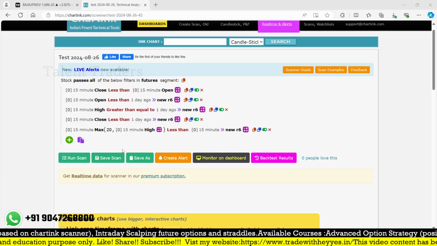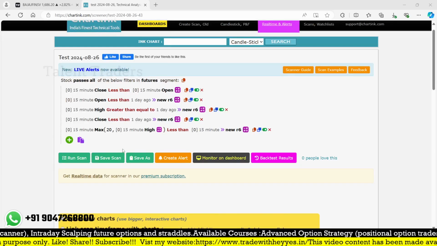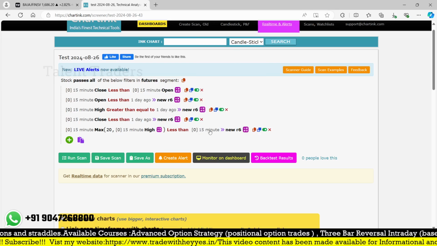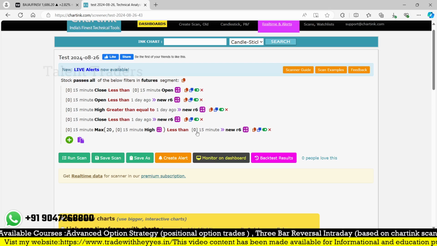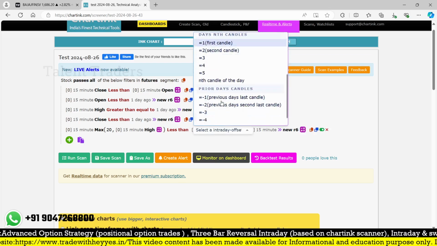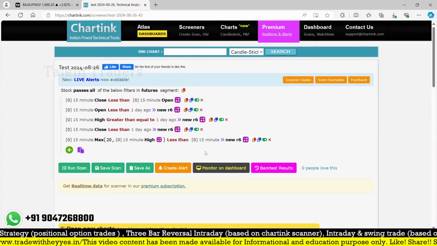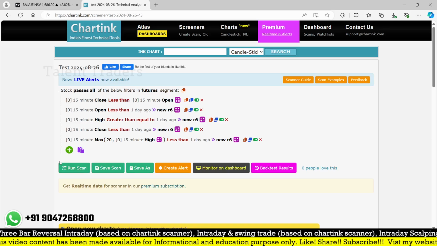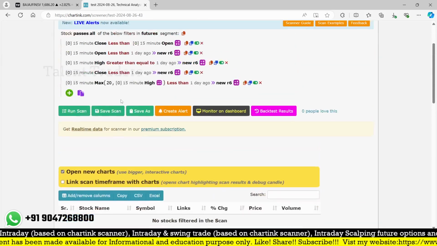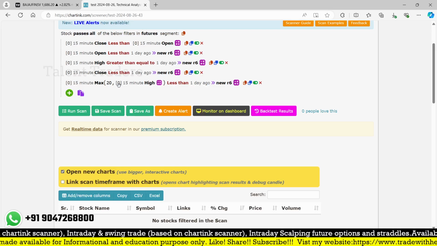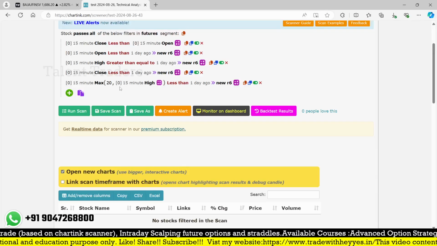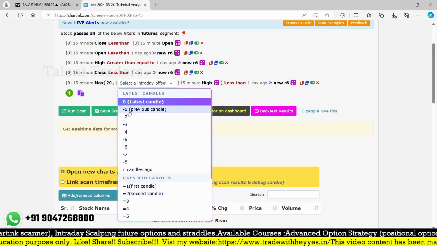Sorry, the 15-minute Camarilla which we used is not the right one. That's a problem, so we should use daily. Small mistakes can change the entire result. So here we will use minus 15 minutes, that would be a better one. If you use that, there will be no stocks because it is a wrong condition. So minus one candle.